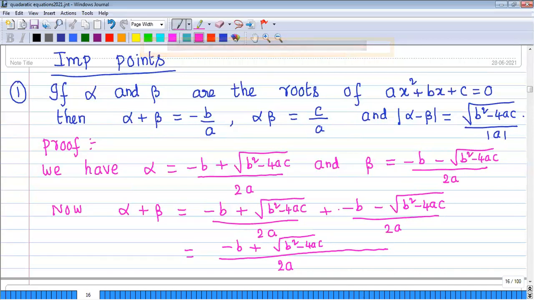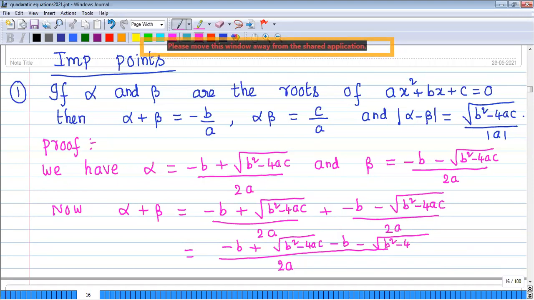Now plus into minus is minus only: minus b, minus root of b square minus 4ac. If you observe in the numerator, plus root of b square minus 4ac and minus root of b square minus 4ac cancel.